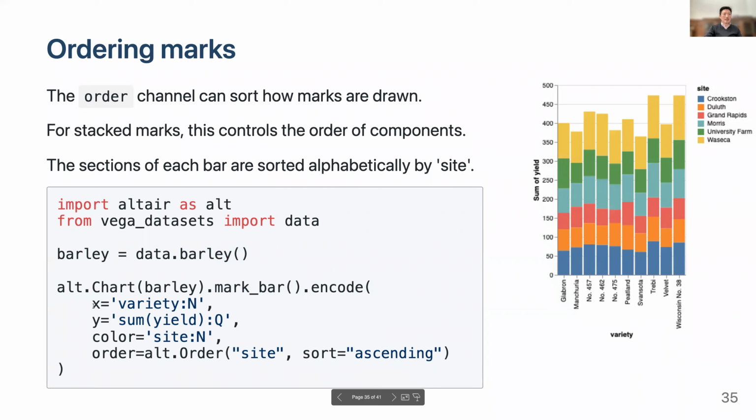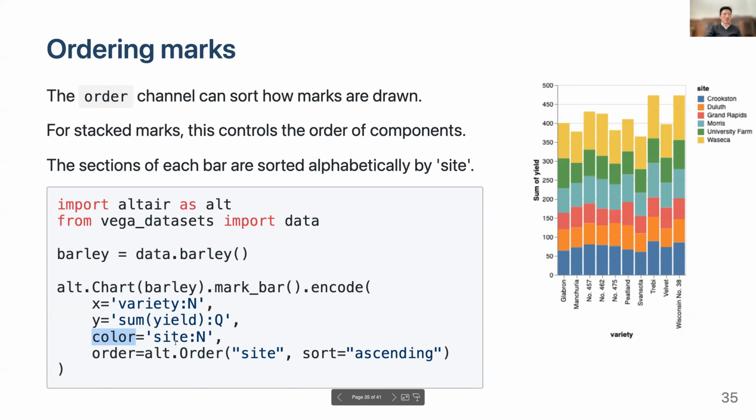The X will be the variety, which is one of the attributes, and it's nominal, meaning categorical data, which is usually needed for the X of bars. Then the Y is the sum of the yield. Assume yield is another attribute in the data set, and it's quantitative.